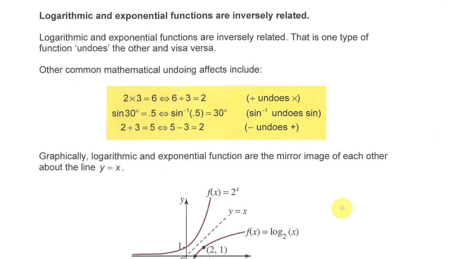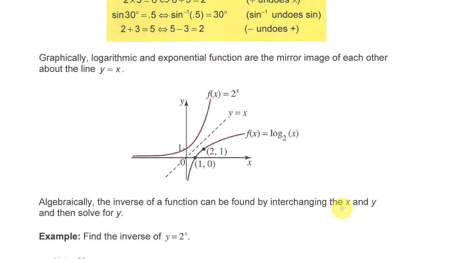Alright, so we've already spoken about that connection between logs and exponentials being inversely related. Just a reminder, there's the two graphs there. So we've got the exponential y equals 2 to the x, and the log y equals log base 2 of x. So all the points on this curve, the x and y simply interchange, and all these points become this inverse graph here.